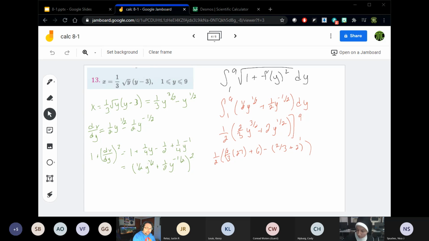So do all the arithmetic out, and you end up getting the final answer is 32/3. After you do all the arithmetic out. So that would be the arc length of that curve.